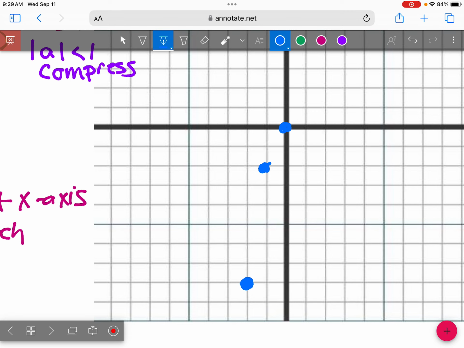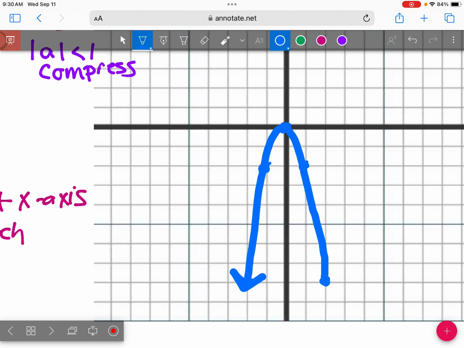0, 0, 1, -2, and 2, -8 is off the edge of your graph. When we connect these up, it has been stretched, so it looks like I took my parabola and stretched it and made it tall and skinny, and then flipped it.